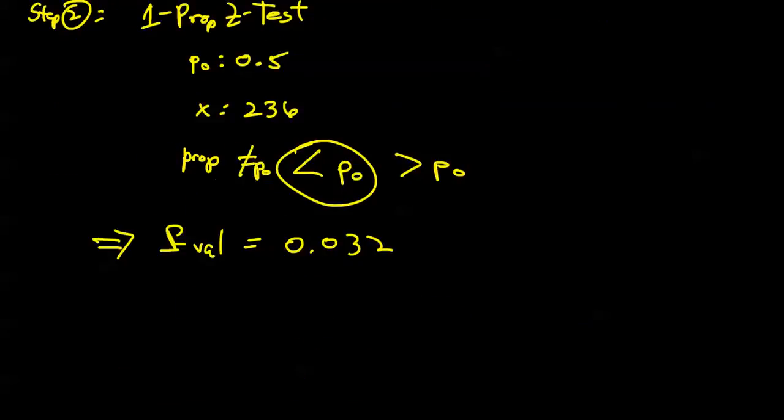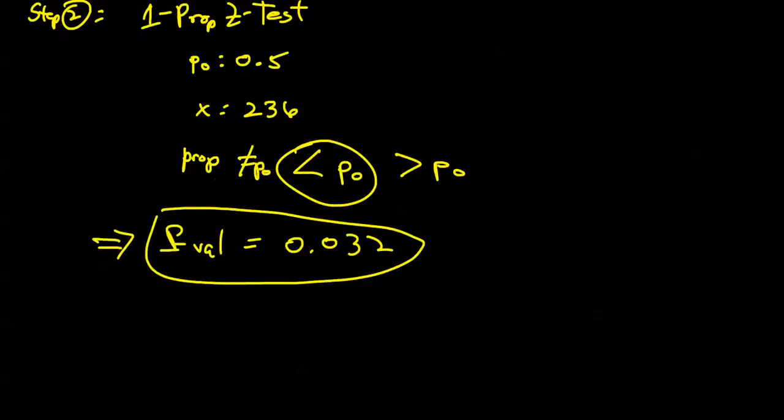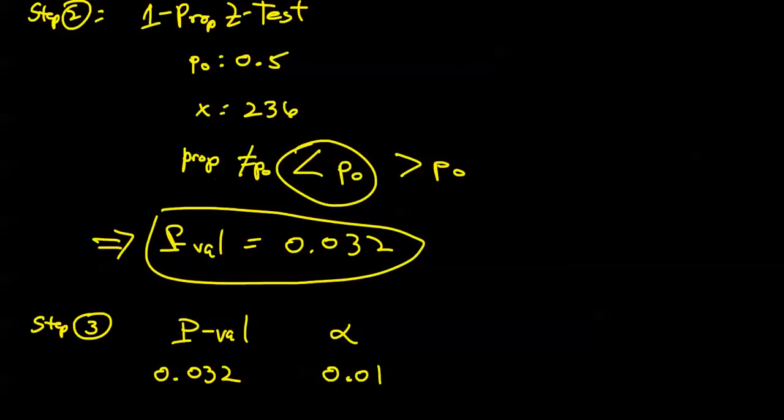So p-value pretty much tells it all in these hypothesis tests. Step 3, little mini table, p-value and alpha. Is our p-value significant? We've got to check it against the given significance level. And what was it here? Let me check. 0.01. Your p-value is clearly greater than alpha, about 3 times greater than alpha.